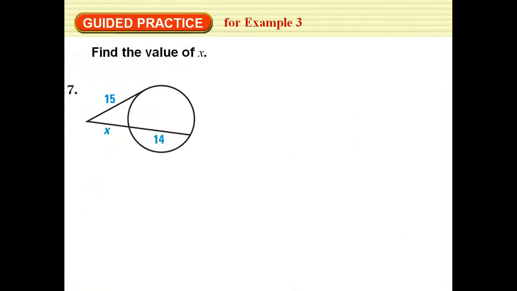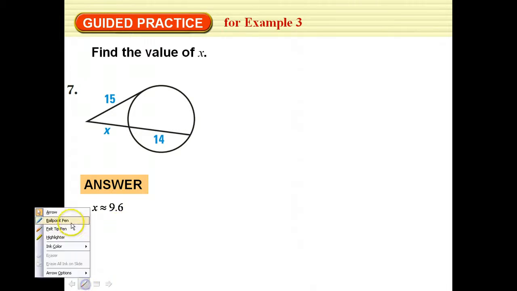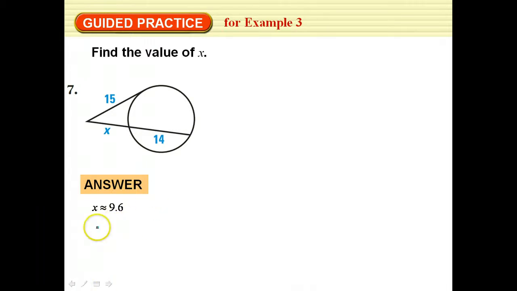So here's a little guided practice for you. How are we going to do this one? My answer comes out to be approximately 9.6. Where did that come from? What I did was say 15 squared is equal to x times x plus 14. So 15 squared is 225, which is equal to x squared plus 14x.